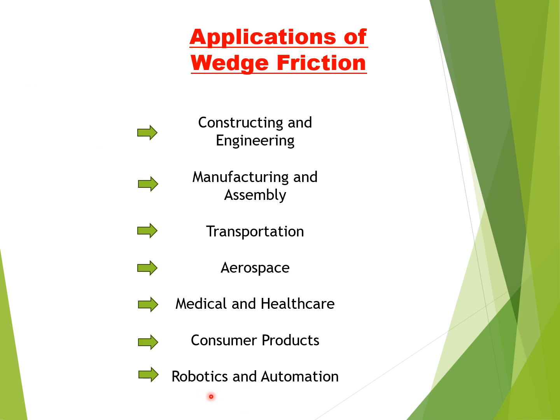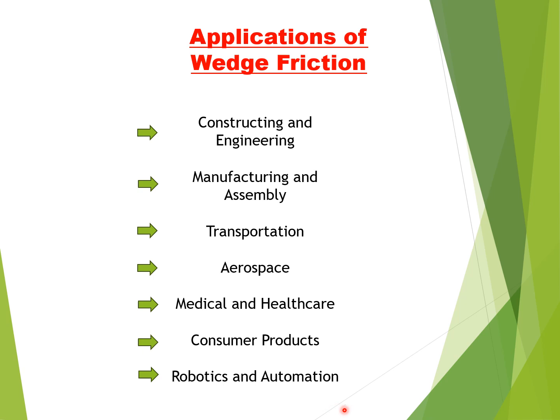Wedge friction plays a crucial role in robotics and automation, where precision, stability, and efficiency are essential. End effector grippers: robotic arms with grippers for handling objects are an application of this friction.